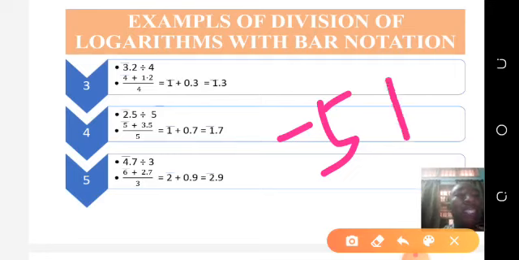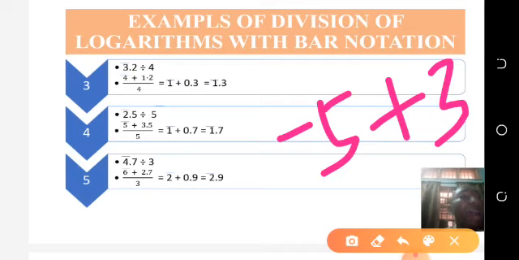Good. Plus 3. That shows minus 5 plus 3 will give us minus 2, which is the same thing as bar 2. Let's take that to calculation now. Bar 5 plus 3.5. We now have bar 5 divided by 5. That will give us bar 1. Plus 3 divided by 5, divided by 3, 0.